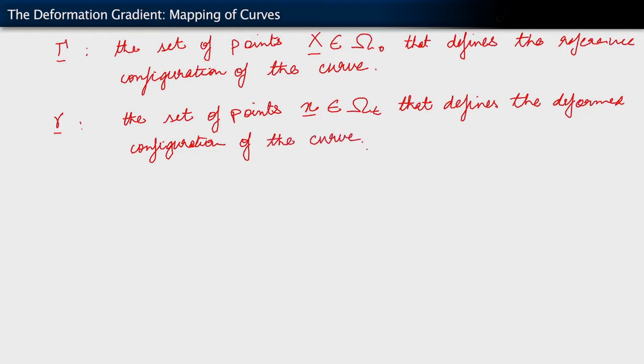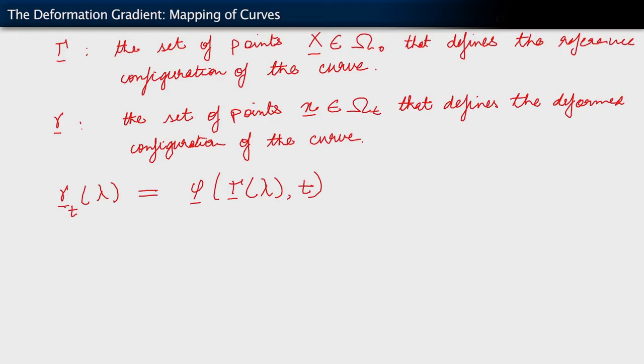Okay, so these two observations allow us to write the following: little gamma parameterized by lambda is really nothing but the deformation map applied to a particular set of points, capital Gamma, also parameterized by lambda and time. And the fact that we have this at a particular time, we can remind ourselves of by putting a subscript t there. So this is the mathematical setting that we have.